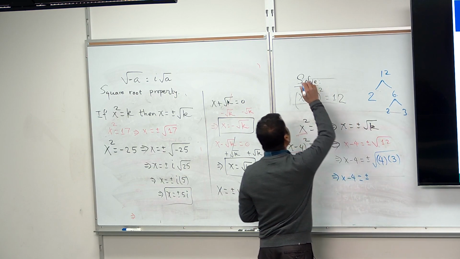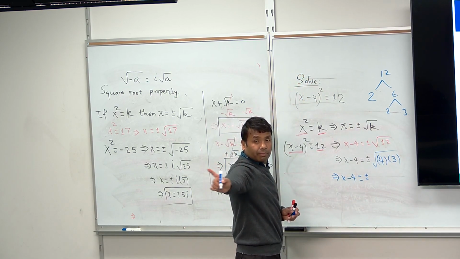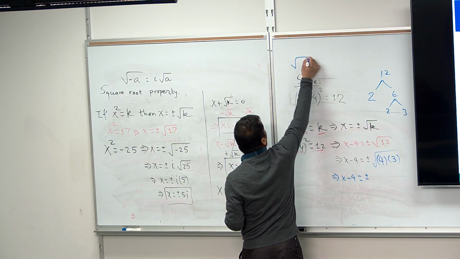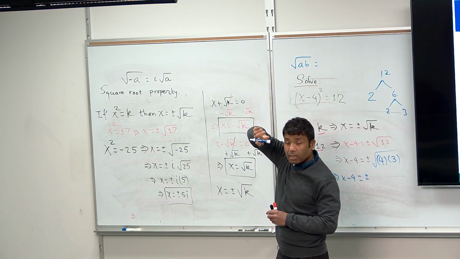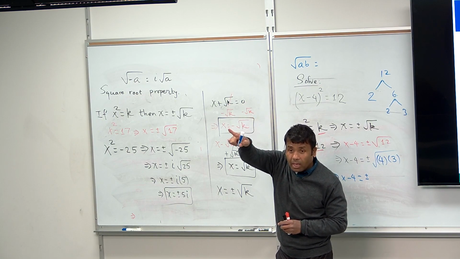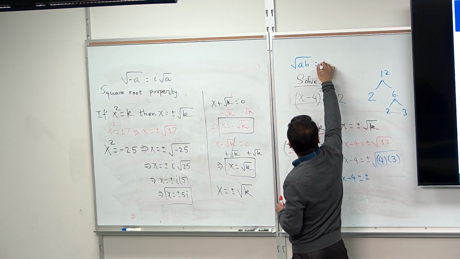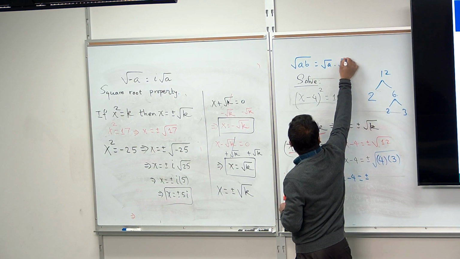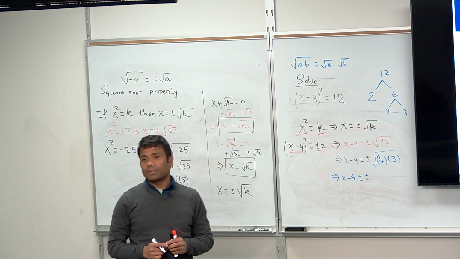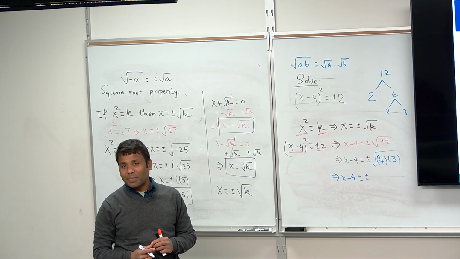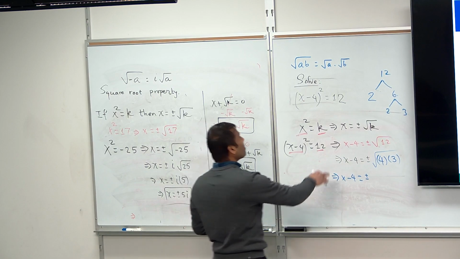Remember last time I told you, if a and b are both positive, √(ab) equals √a times √b. Is that right? So if that is the case, we apply that.